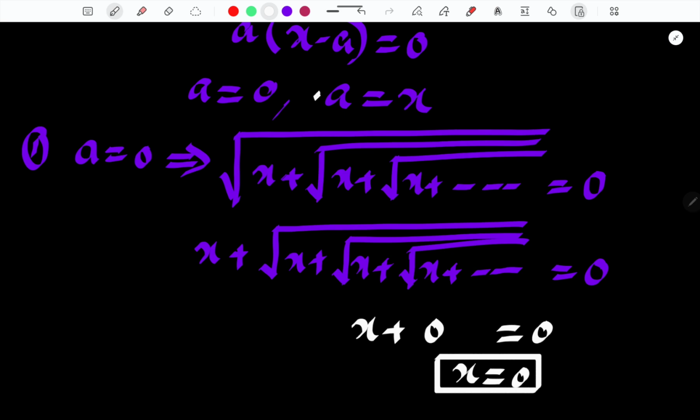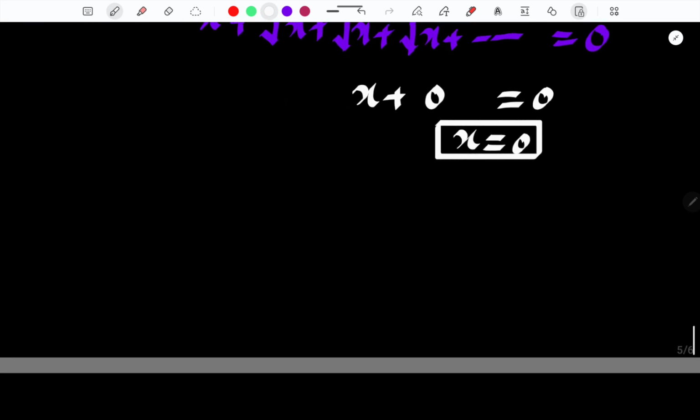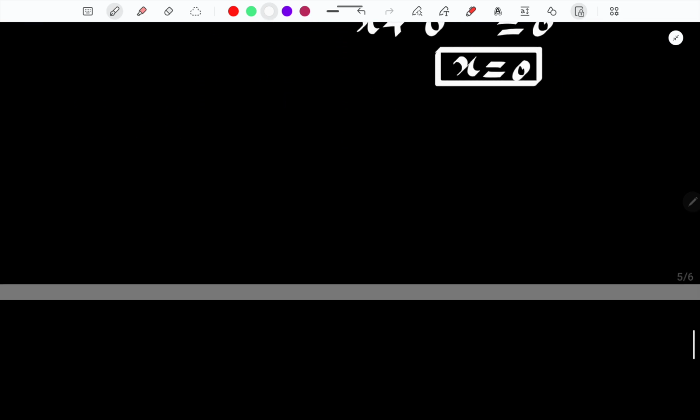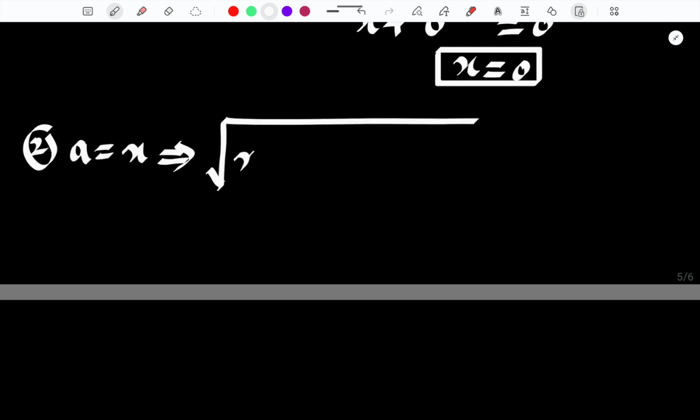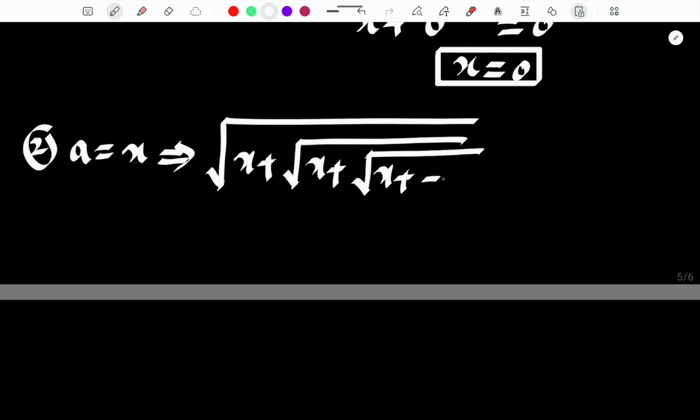Now we'll go for the second case, that is a equals x. So the second case is a equals x. That means from the first step, root of x plus root of x plus root of x plus and so on up to infinity is, we have a. So this a value we are going to write as x.